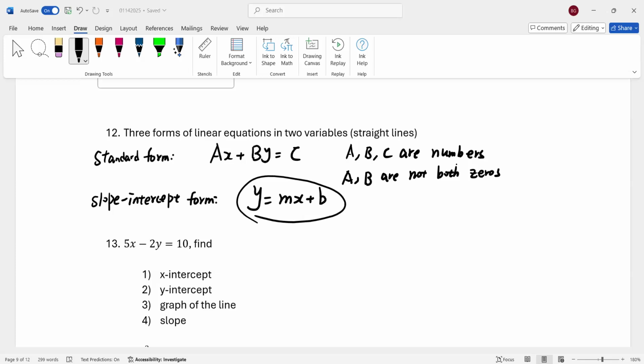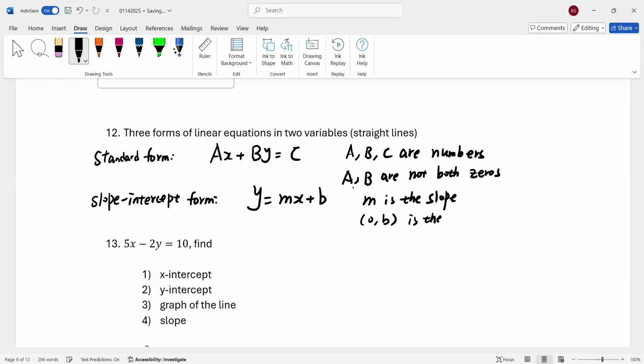As you can see, of the 2 variables, x is on the right side, variable y is on the left side by itself. On the right side, m here is the slope. M is the slope or rate of change, right? Average rate of change we just learned. (0, b) is the y-intercept.